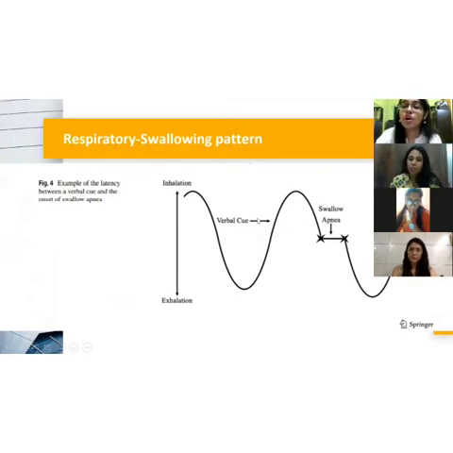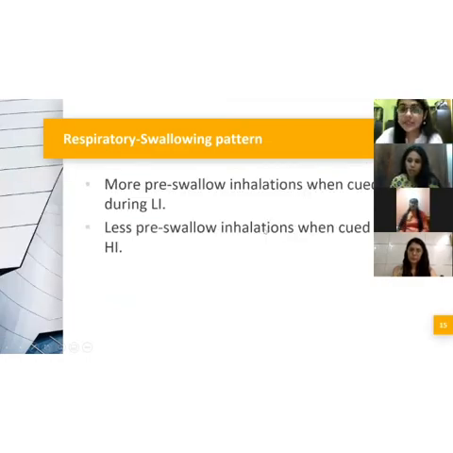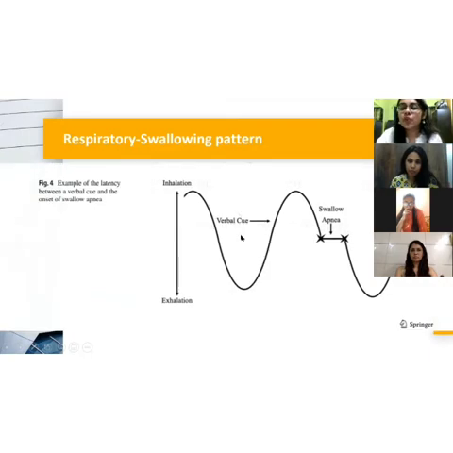So there is an increased risk of aspiration if that happens. My other finding was that fewer pre-swallow inhalations were found when cued during high inhalation. So if I cue exactly at this point during high inhalation, my swallow apnea happens in this phase, which will show me an optimized RSC, that is respiratory swallow coordination. Clear? Are we getting it? Can I get a thumbs up if you are clear with it?